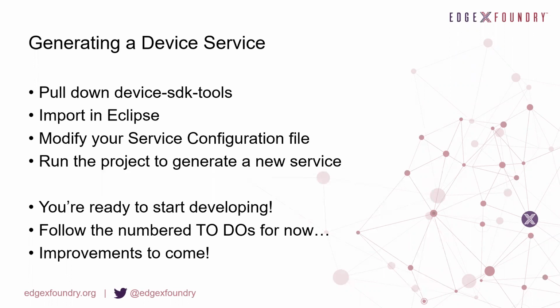Then you're going to import that project into Eclipse. You're going to modify your service configuration file, which I'll go over in a minute. And then you just run the project. And bam, you have your new device service project generated, ready to compile and start developing on.